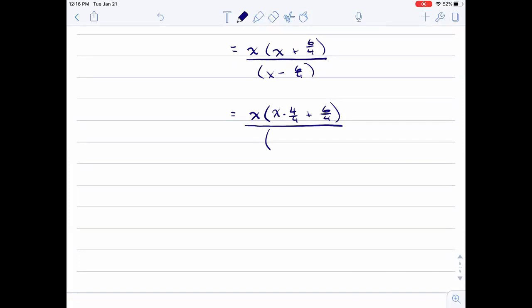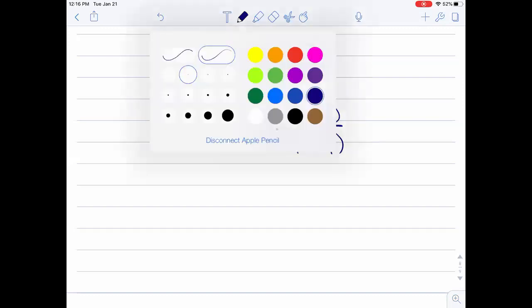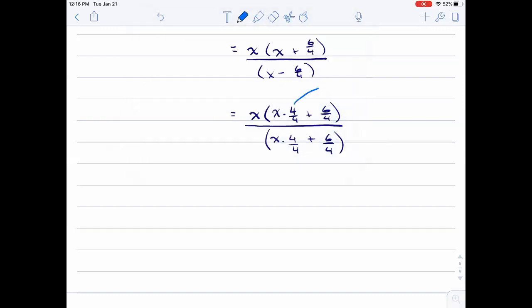Inside the brackets, although they're not really needed here, I've got x times 4 over 4 again, because I need this also to be over 4, plus 6 over 4. I'll make a note here that I'm multiplying by 1. 4 over 4 is 1, so I'm allowed to do that because it's not going to change the value.